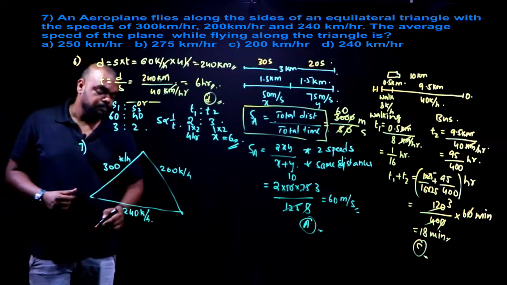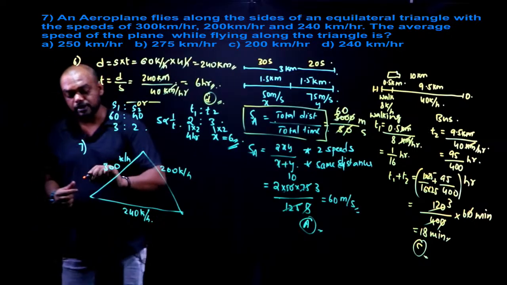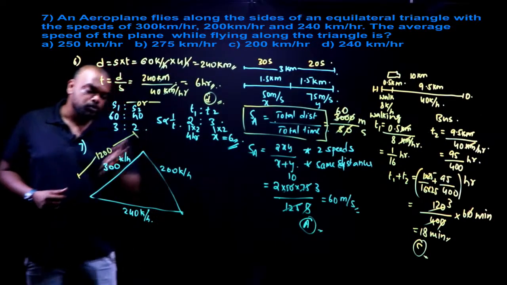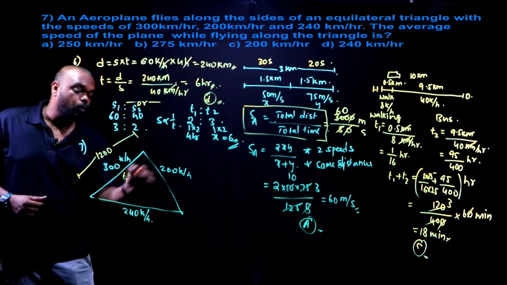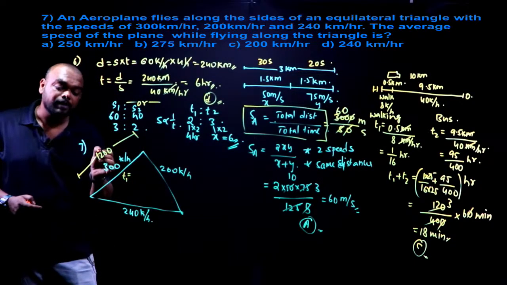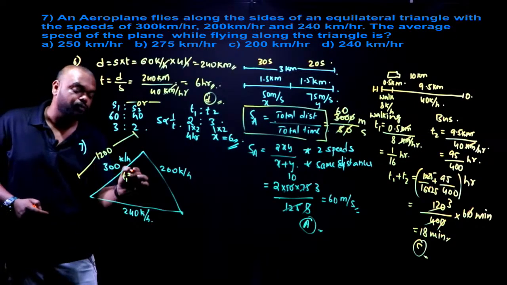Now, what happens? Let me consider this distance as 1200 kilometers. Now, if this is 1200, this is also 1200, this is also 1200. Time is distance by speed. In this case, 1200 kilometer distance divided by speed of 300 kilometer per hour, 1200 by 300, is 4 hours.